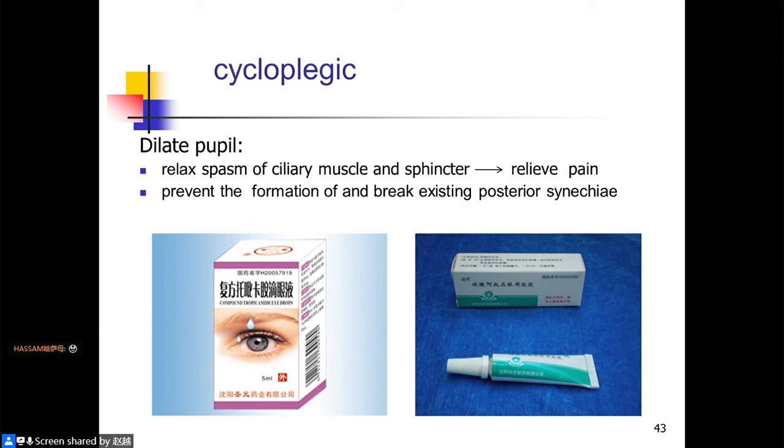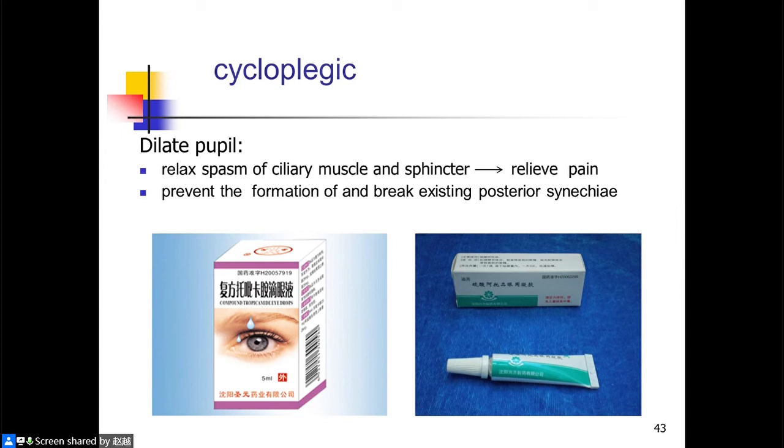Therefore, for severe acute anterior uveitis, 1% to 2% atropine should be given 1 to 2 times a day for a few days. When the inflammation is alleviated, use 2% homatropine, 1 to 2 times a day.